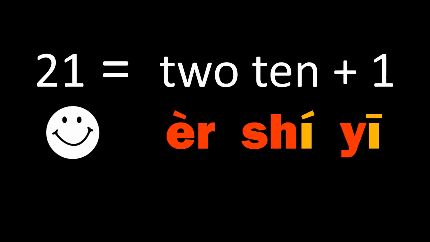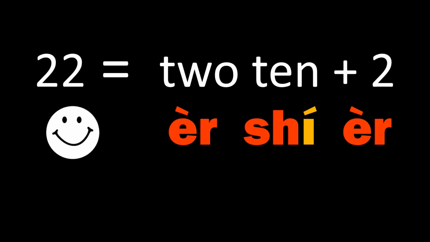So 21 would be 2 10 plus 1, 21. Similarly, 22 is 2 10 plus 2, 22.